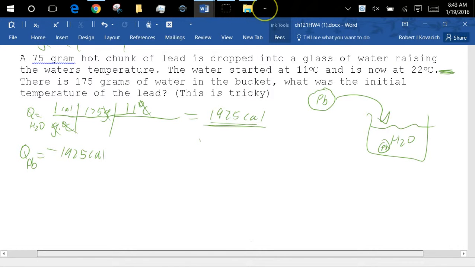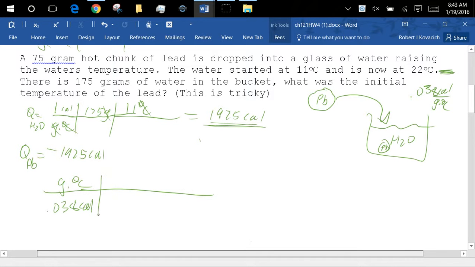Somebody have lead's specific heat? 0.038? All right, I'm okay with that. 0.038 calories per gram degrees C. So I need a temperature value, so I'm going to write grams degrees C over 0.038 calories.